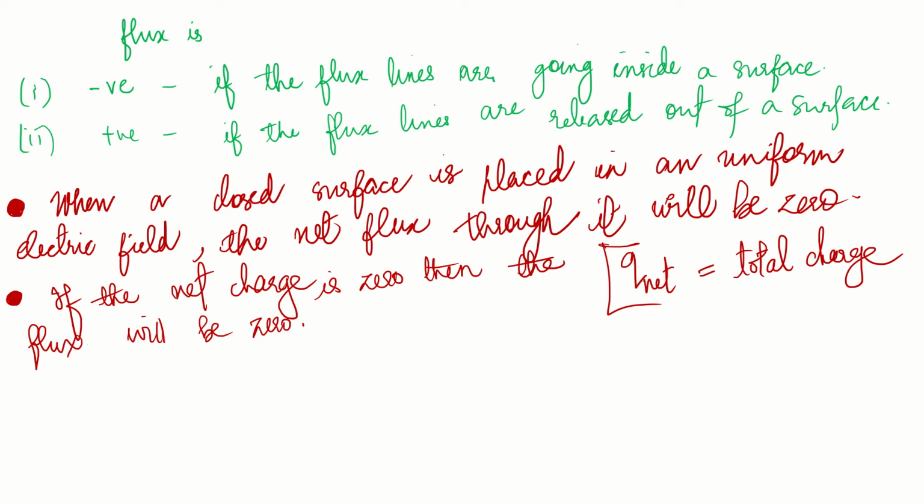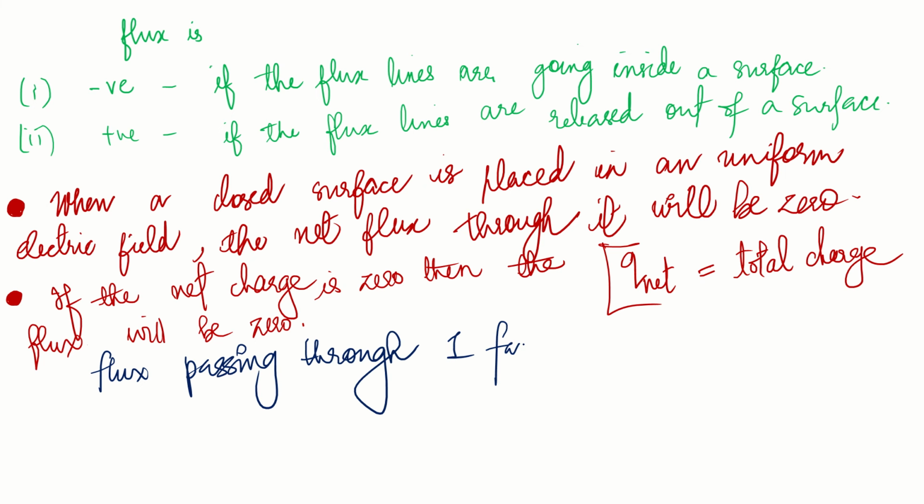If the question is to find the flux passing through one face, then it will be 1 by 6th q by epsilon naught. If you want to find the flux passing through one face, then the equation to be used is phi equals 1 by 6 q by epsilon naught.